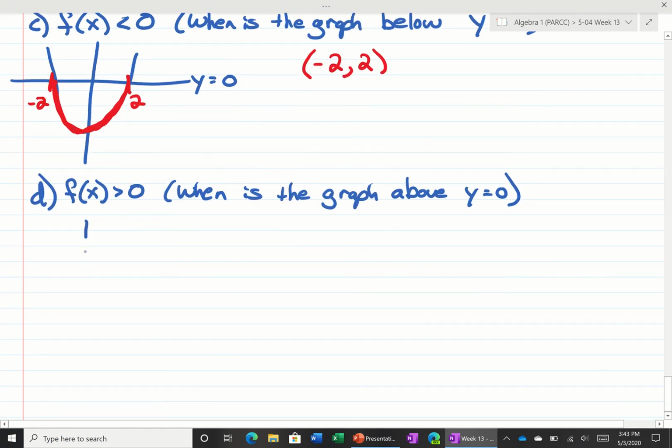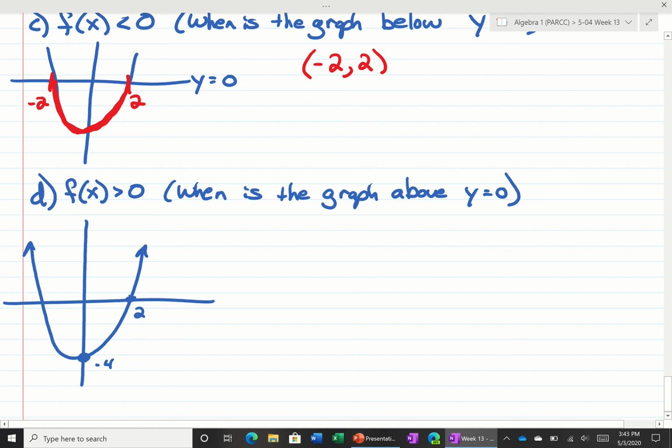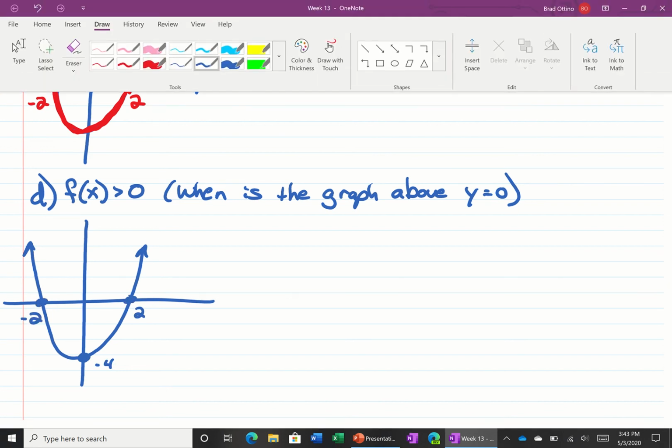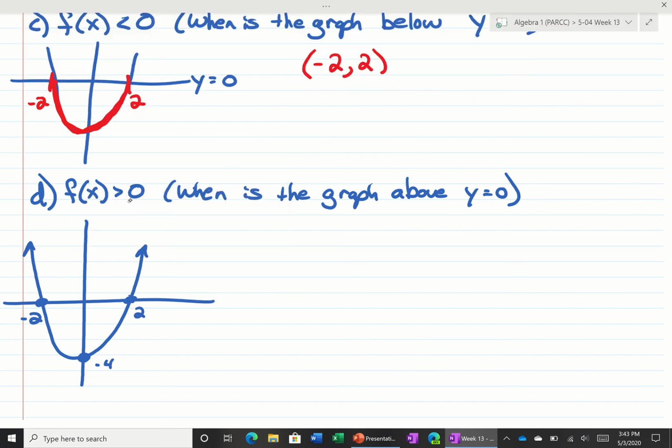So if we take that same graph, it looks like right here and right here, those are the areas of the graph that are above the line y equals 0.